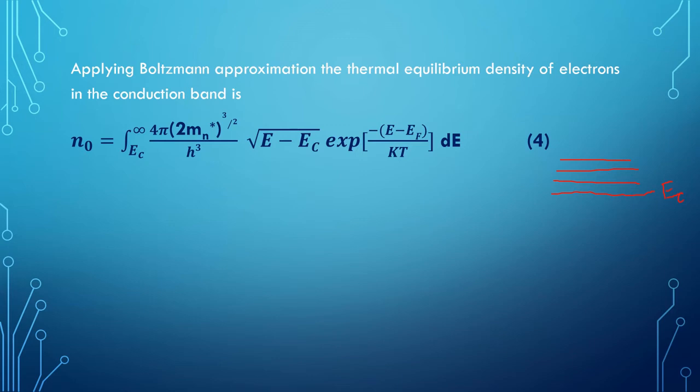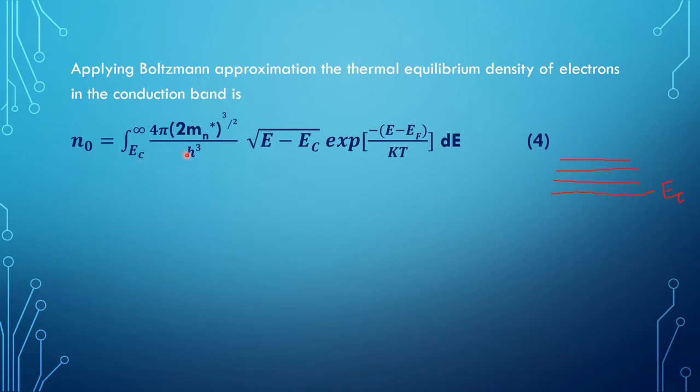Since the Fermi probability function rapidly approaches 0 with increasing energy, we can take the upper limit as infinity. So the upper limit is infinity and the lower limit is EC energy.